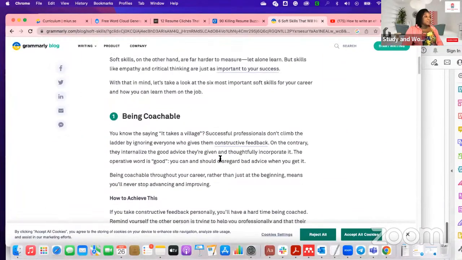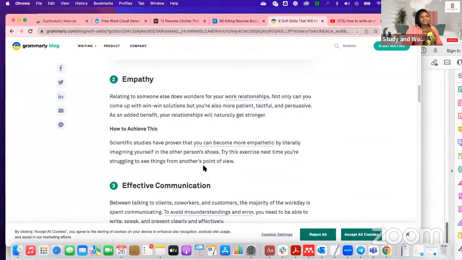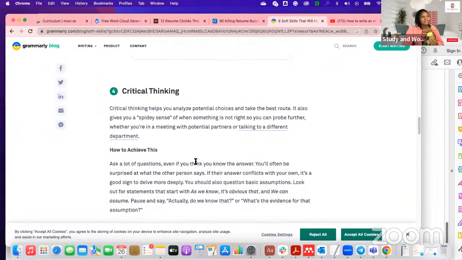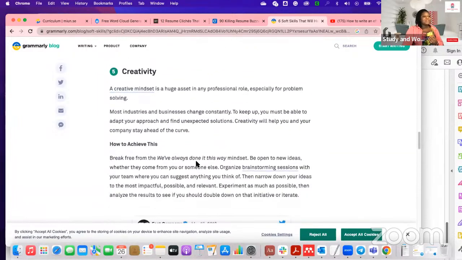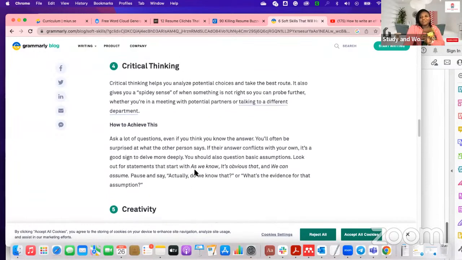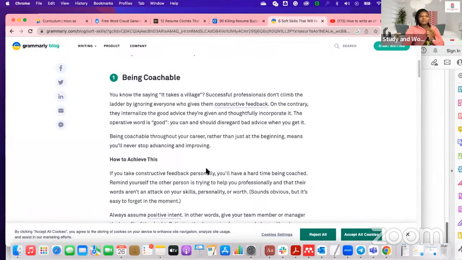Examples of soft skills are being coachable, being empathetic, effective communication, being a critical thinker, and creativity. They also want to see some of these things, not only the soft skills like, okay, I'm a programmer, I know this software, I know how to use Microsoft Word and PowerPoint.